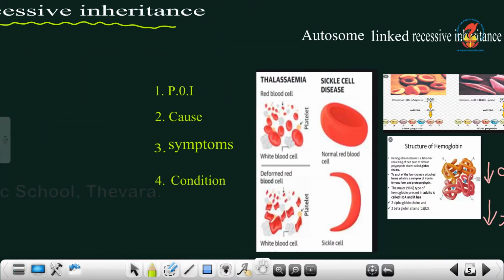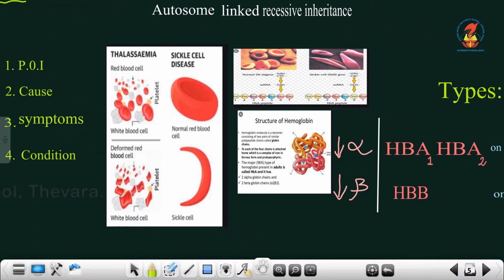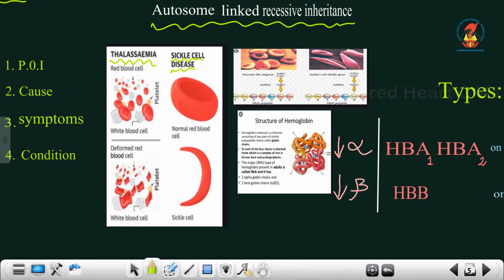Then we have the next 2 disorders, sickle cell anemia and thalassemia. Thalassemia and sickle cell anemia come under autosome linked inheritance.